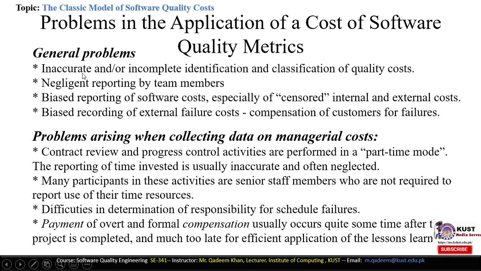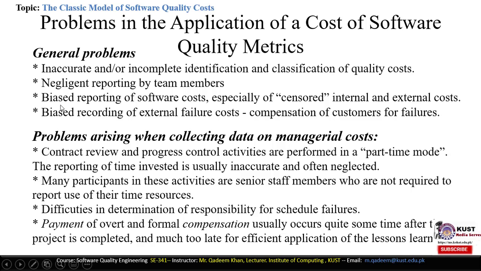If certain components are inaccurately measured or incompletely identified, then there will be problems. Similarly, negligent reporting by team members. If team members do not respond well, then there will be a problem in the calculation of the cost of software quality. Also, biased reporting for software cost.